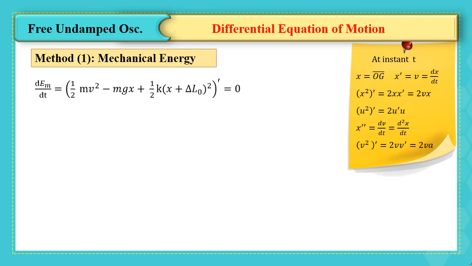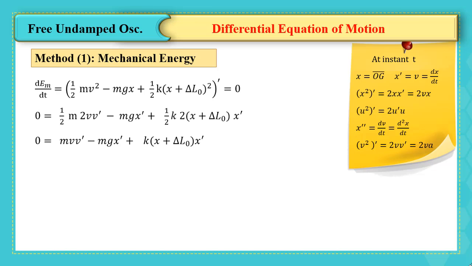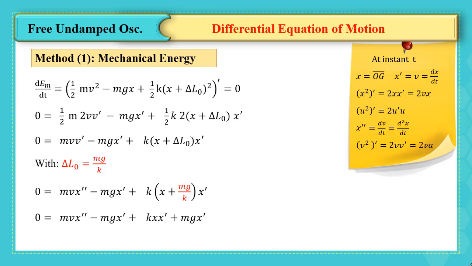Then, good. The answer is mvv prime minus mgx prime plus k into x plus delta L0 times x prime, with delta L0 equal to mg over k, as it was found. Replace it in the equation and we will get finally mvx double prime minus mgx prime plus kx x prime plus mg x prime.